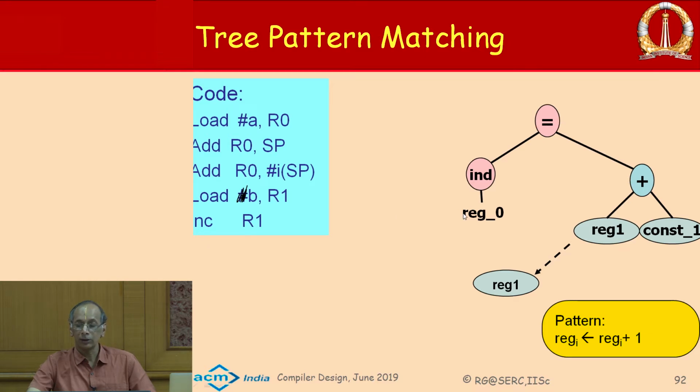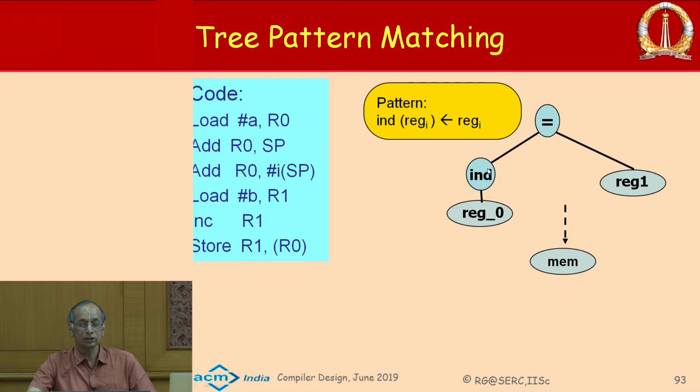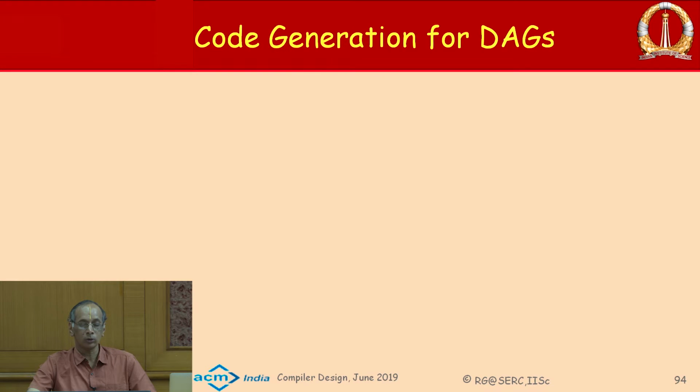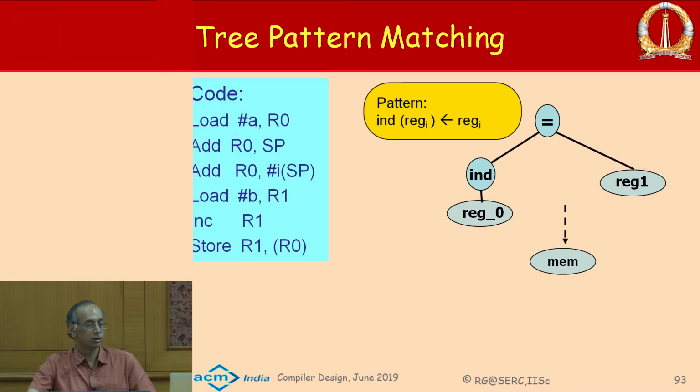Now, that will replace this by a register, this already is a register with an index. Now, this is equivalent to doing a store instruction, that is, store this value in the location pointed to by this register. So, that completes the code generation for this.